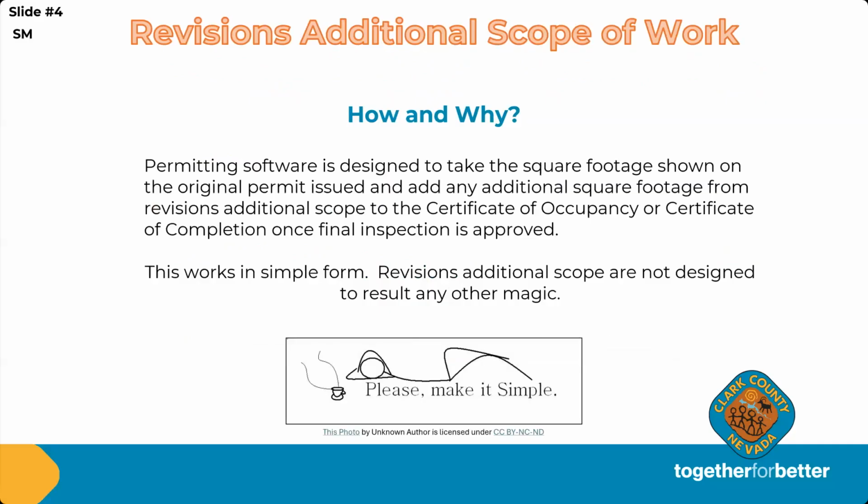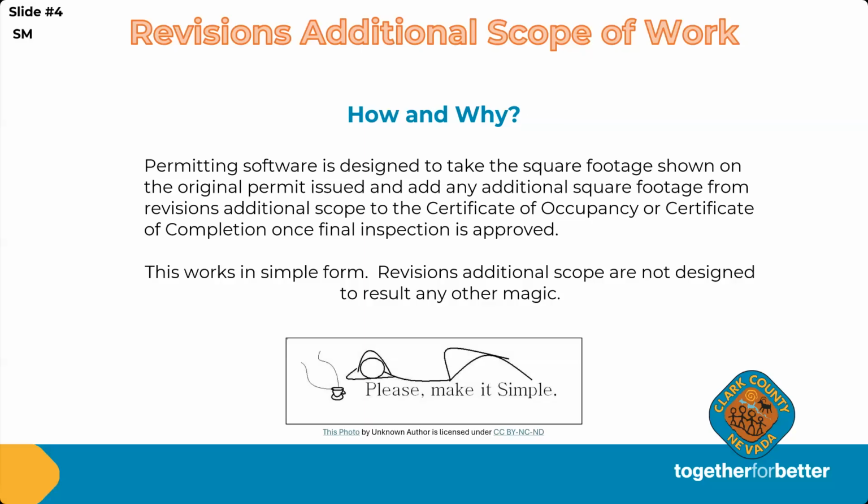So to explain a little bit on revisions additional scope of work, the hows and the whys, just so you understand why we say some permits cannot have additional scope of work and some permits can. Basically, the way our permitting software is designed, it's going to take the square footage of the original permit that was issued, and any revisions submitted after that are marked additional scope of work, yes, and say they have additional square footage.